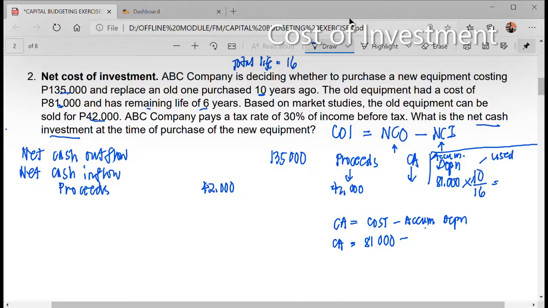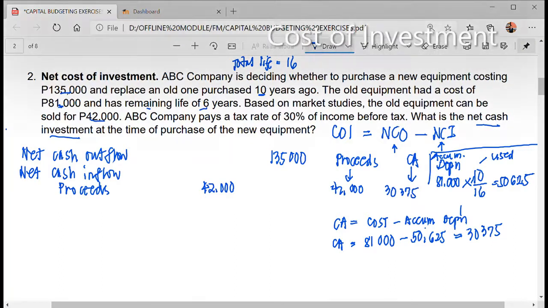So, 81,000 times 10 over 16, you have 50,625. Okay, so 50,625 is our accumulated depreciation. So this is the amount we're going to place here. So the answer would be 30,375. Okay, so that is our carrying amount, 30,375.